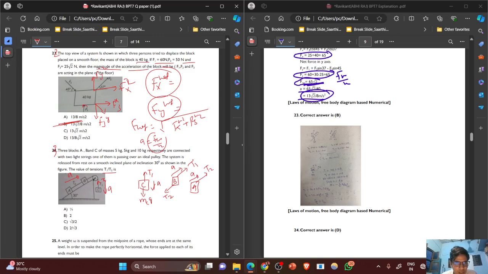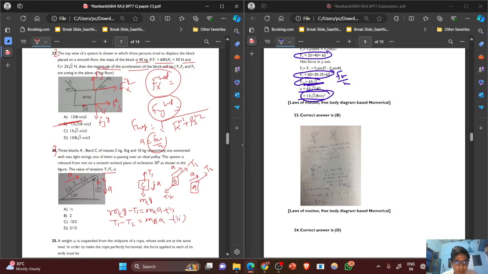Okay. Now we can first write the equation of motion. Once you write the equation of motion, it will be simply m_C g minus T1 equals m_C a, first equation. Second equation will be T1 minus T2 equals m_B a.